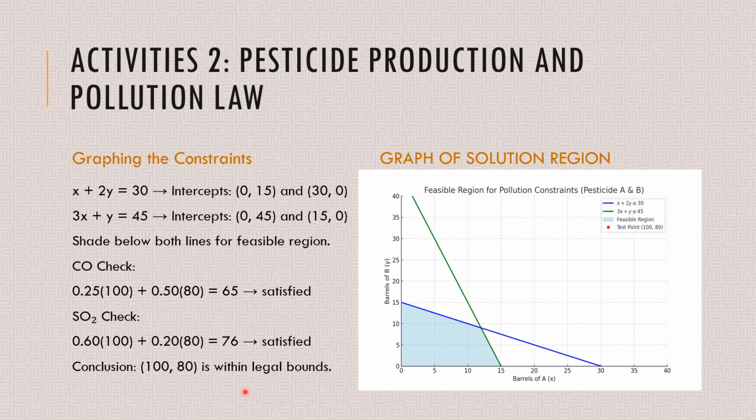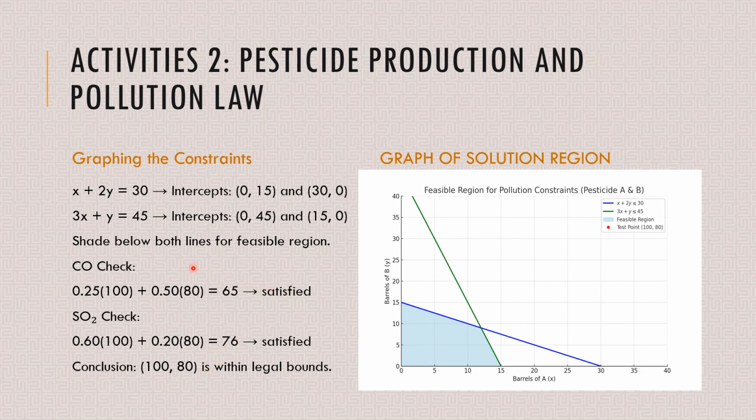So in conclusion, if the company uses this particular point, these are the end points, these are the corner points. If x represents the production of pesticide A, and y represents the production of pesticide B, and the company produces 100 of pesticide A and 80 of pesticide B, they are going to work around the constraint.